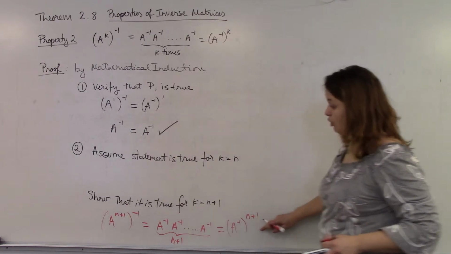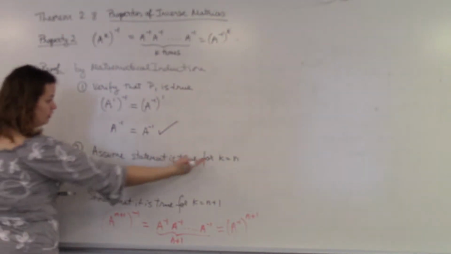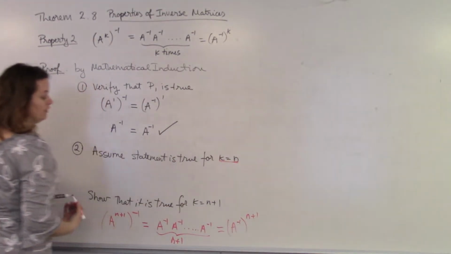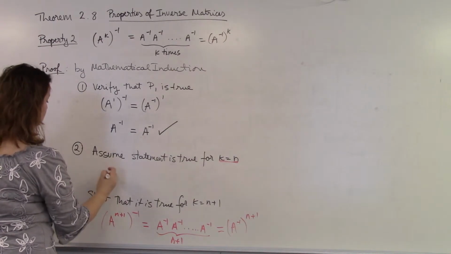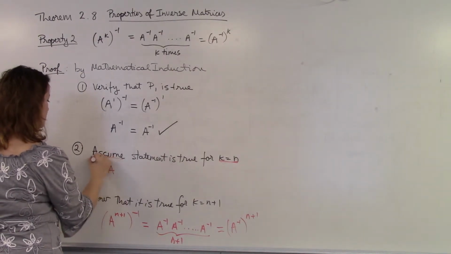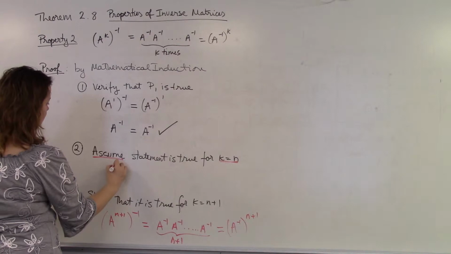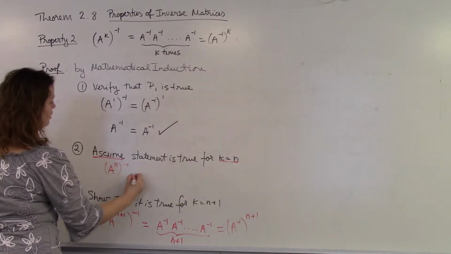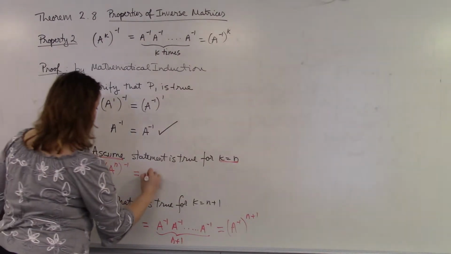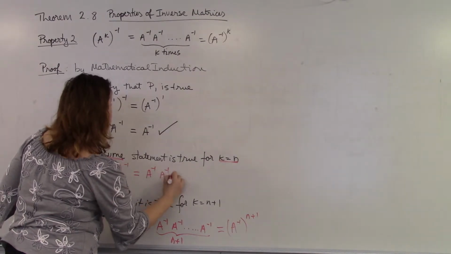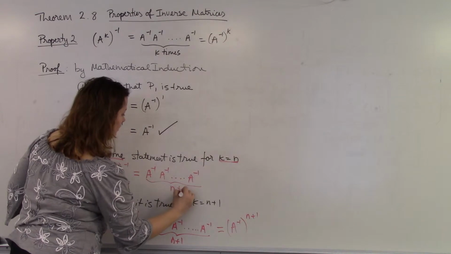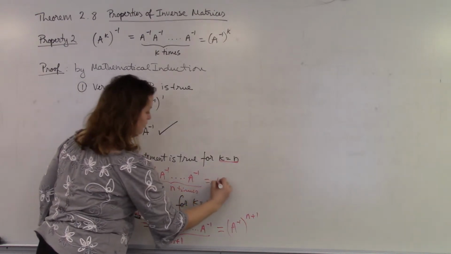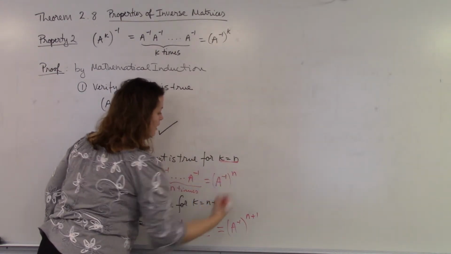We have to show this, and what I have to go off of is that I assume the statement is true for the first n factors. So what I am assuming to be true is A to the n inverse is equal to A inverse, n times, which is A inverse to the power n.